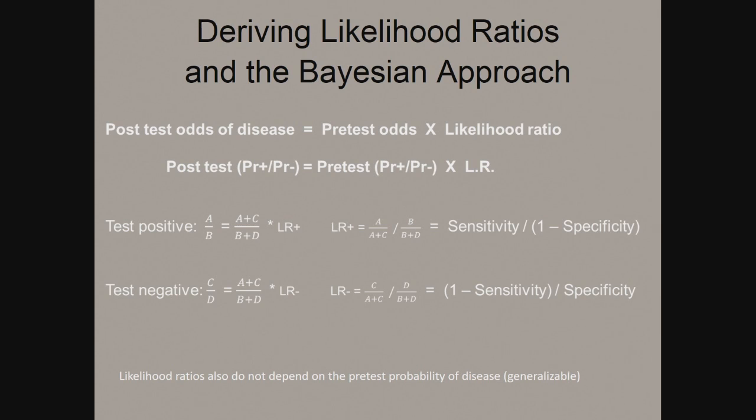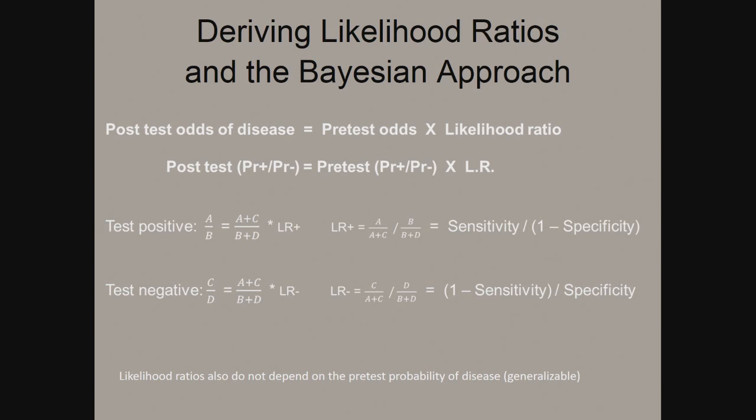To be precise, we talk in terms of odds when we use this formula: pretest odds of disease multiplied by the likelihood ratio, positive if your test is positive, negative if your test is negative, gives you the post-test odds of disease. The odds of disease and the probability of disease are the same information, just expressed in a different way. In our handout, we show you the formula. It's very straightforward.